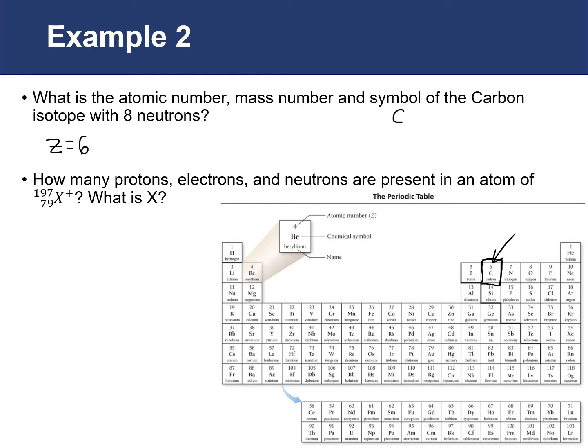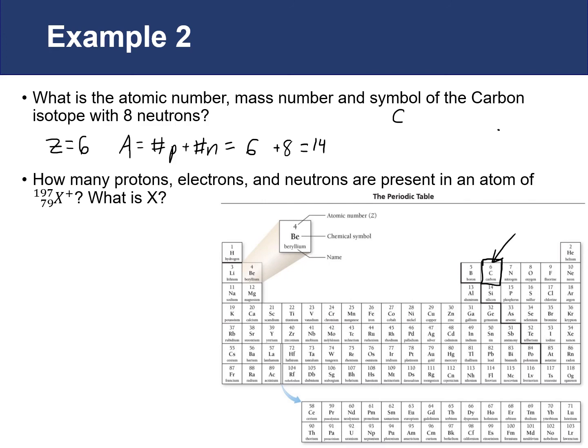Our mass number, A, which again is equal to the number of protons plus the number of neutrons, will be equal to our neutron number, 8, plus our Z value, 6. So 6 plus 8 is equal to 14.